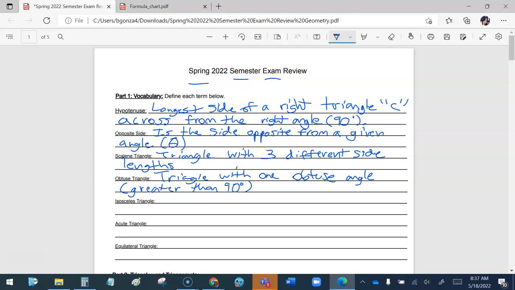Isosceles triangle, like my eyes, is a triangle with 2 congruent sides. An acute triangle is a triangle with 3 acute angles.